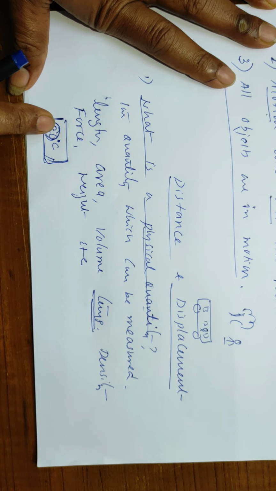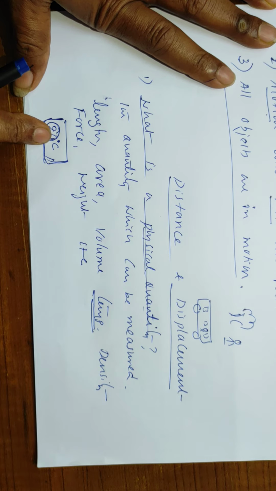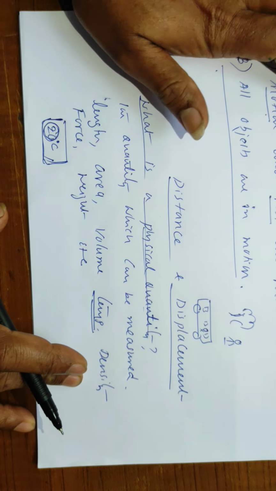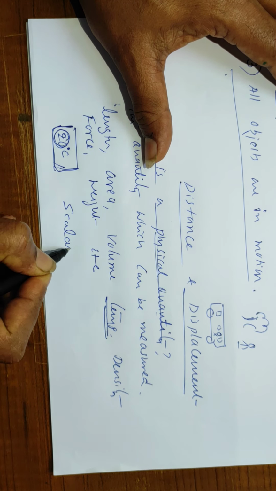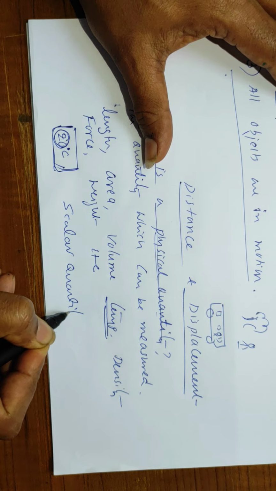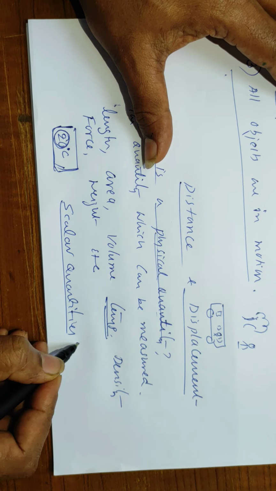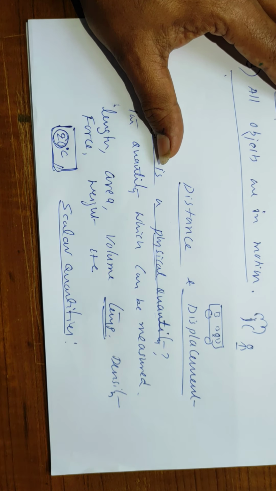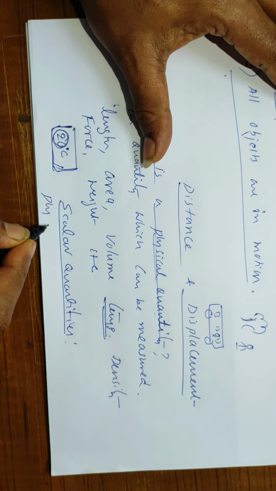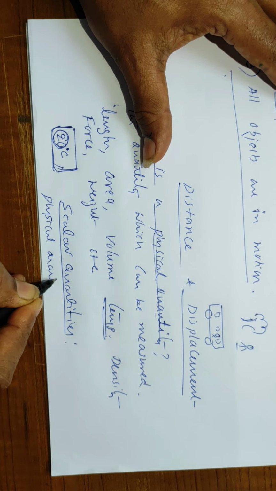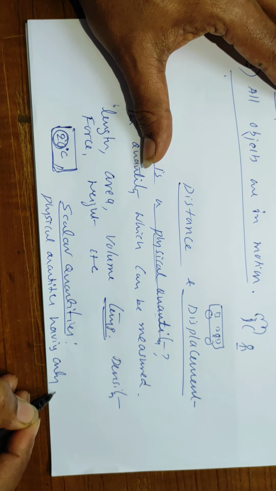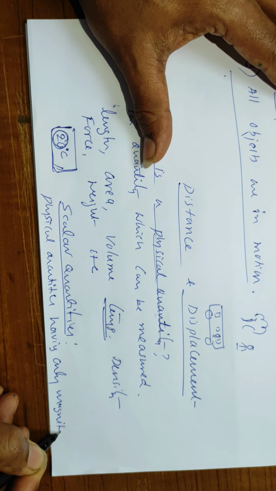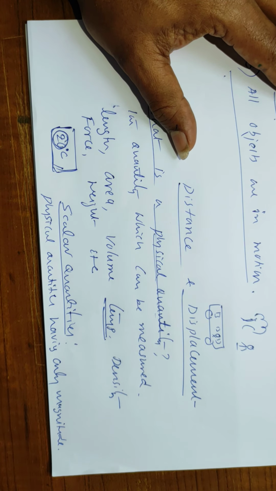That number is called magnitude. It has no direction. So such physical quantities are called scalar quantities. What are scalar quantities? Physical quantities having only magnitude are called scalar quantities.